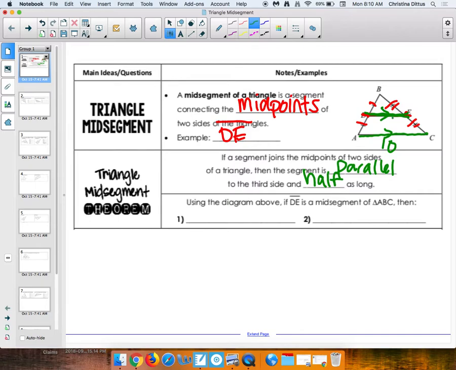Half, which is 5. So in the above diagram, if DE is a mid-segment, then DE is parallel to AC. That's why we put arrows on those. And then DE is half of our length AC.